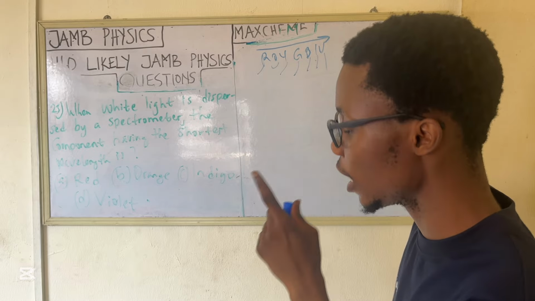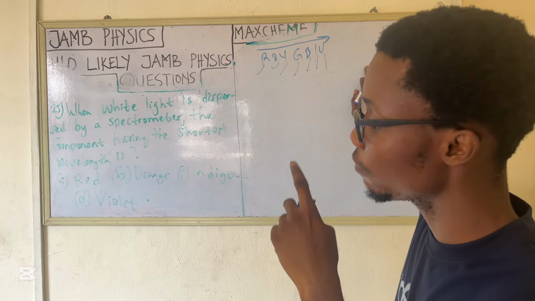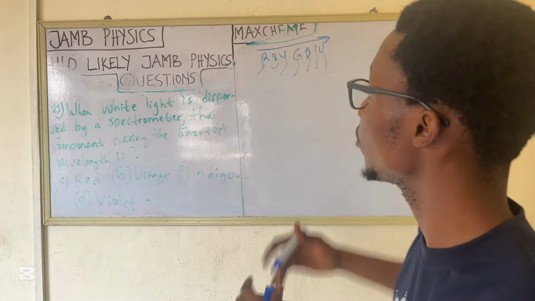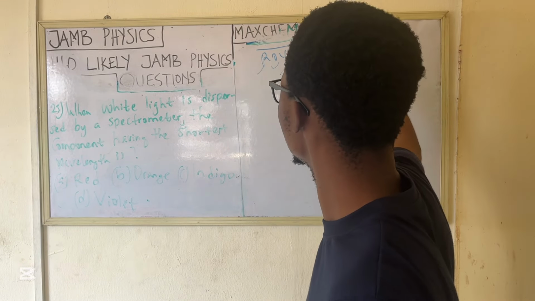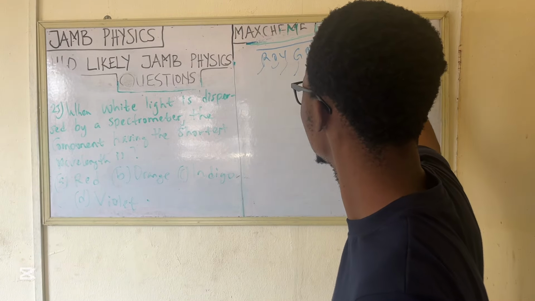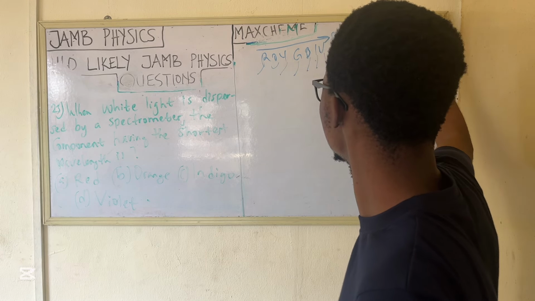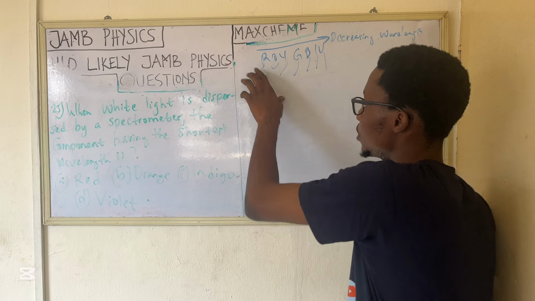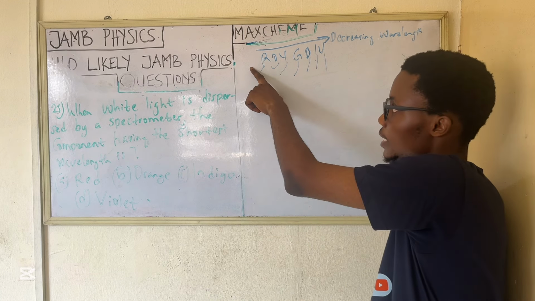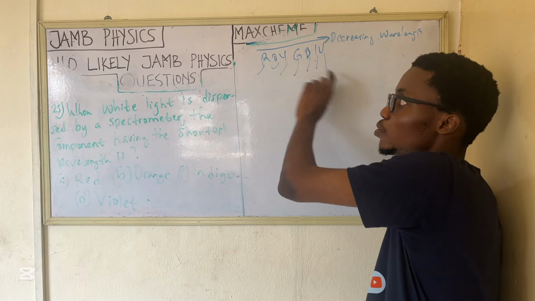That is R for red, O for orange, Y for yellow, G for green, B for blue, I for indigo, and V for violet. I said they are arranged in order of decreasing wavelength. So now that means the one with the highest wavelength here is red.